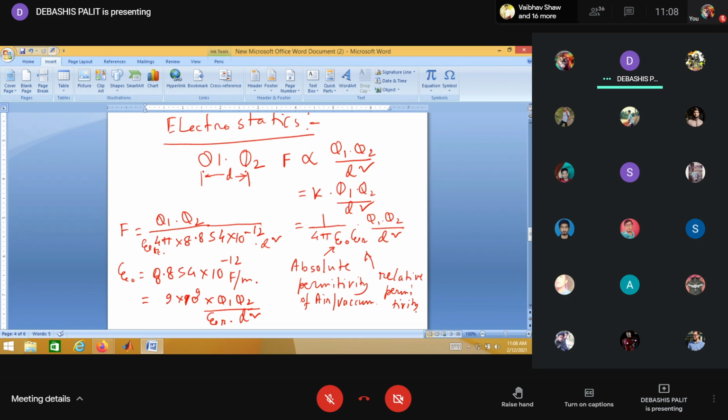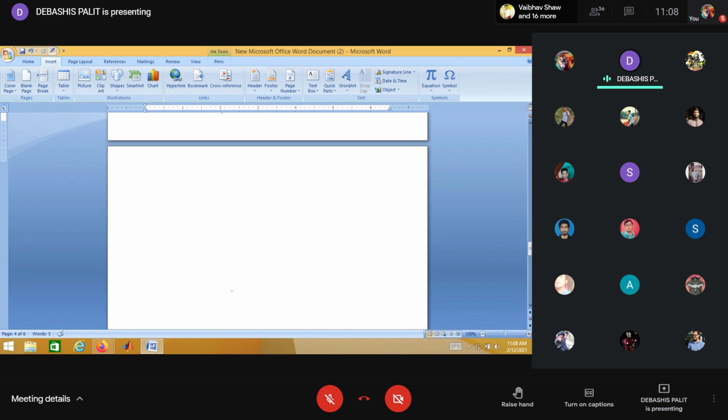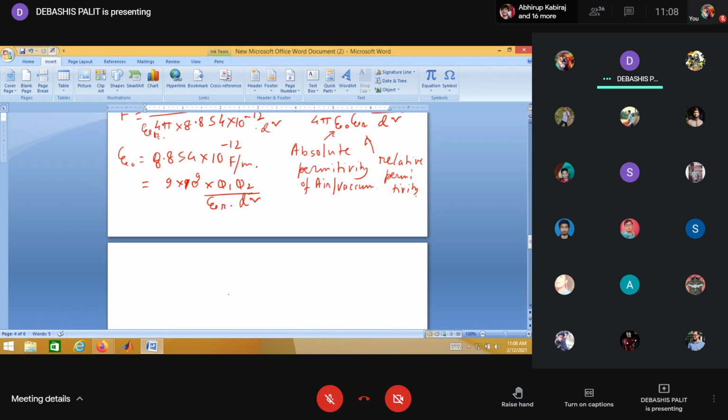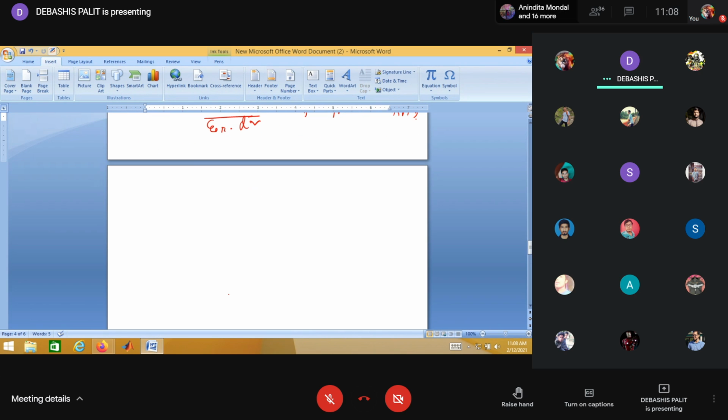Now we have already known from 10 plus 2 standard what absolute permittivity and relative permittivity are. Permittivity is a property of a medium that affects the magnitude of the force between two point charges.